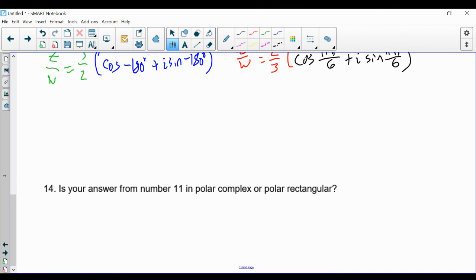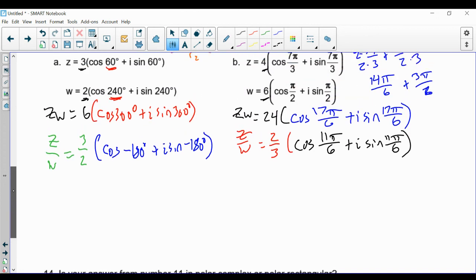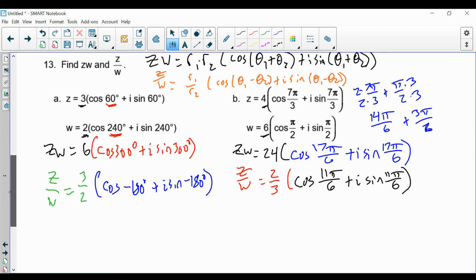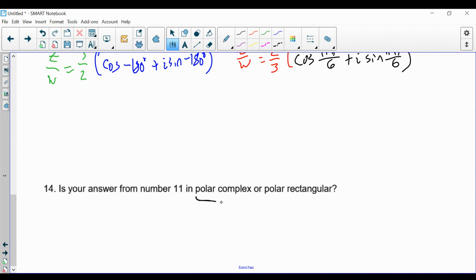So then for 14, is your answer from number 11 in polar complex or polar rectangular? We could have put them in all 4 answers: z times w in A, z times w in B, z divided by w in A, and z divided by w in B. We could have put them in either form, but because they didn't ask us to put it in a specific form, stopping here is perfectly fine, and where we stopped was indeed polar, because cosine plus i sine is your polar form.